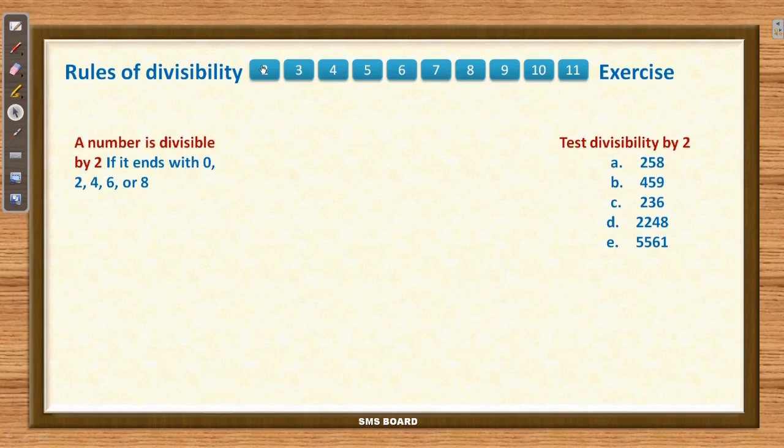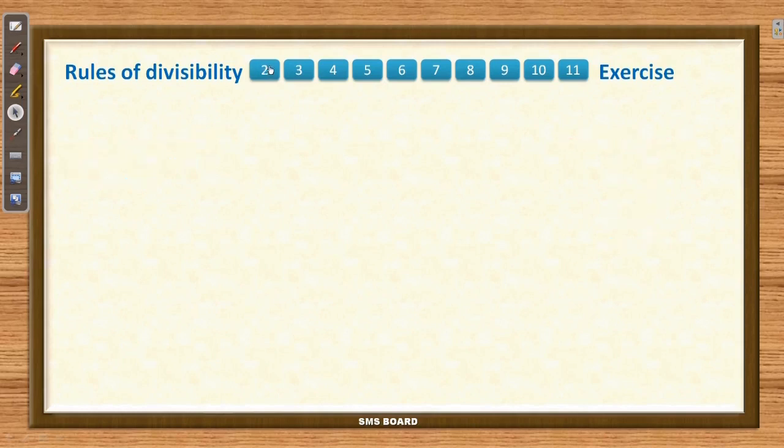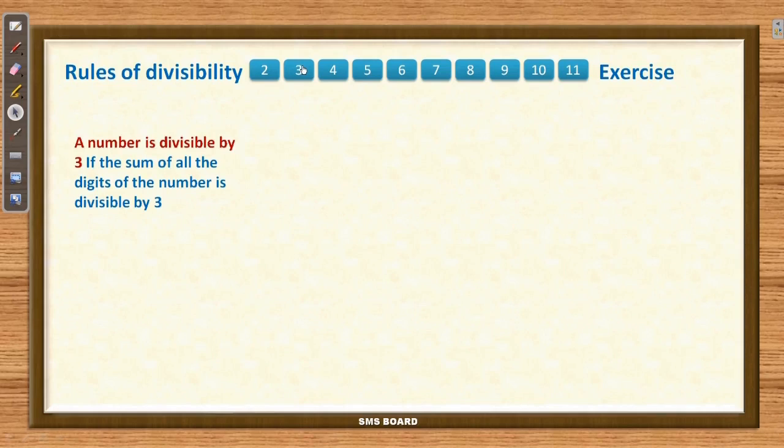Divisibility test by number 3. According to the rule, a number is divisible by 3 if the sum of all the digits of the number is divisible by 3. This is the rule. Let us discuss some problems in the exercise.